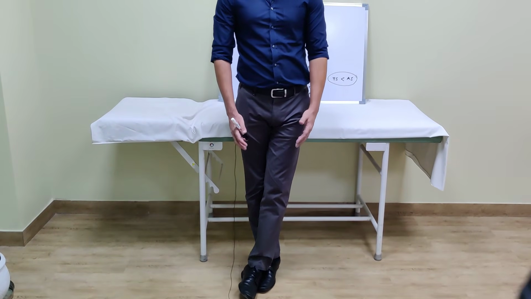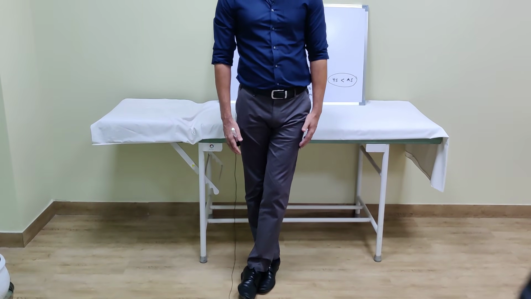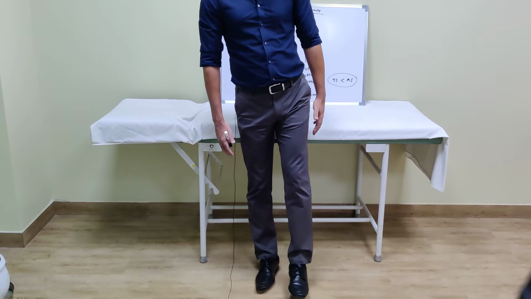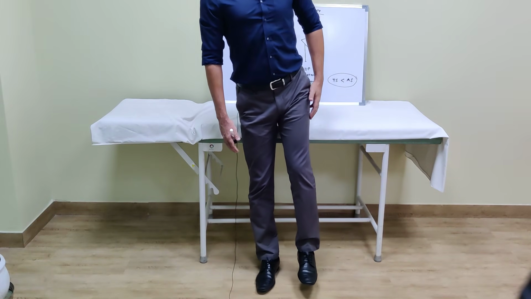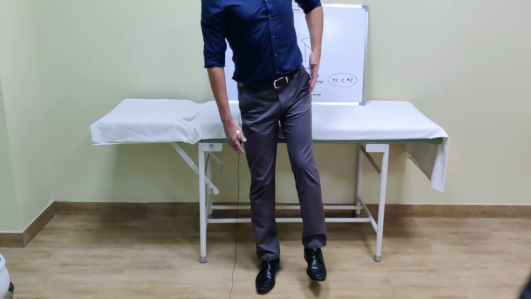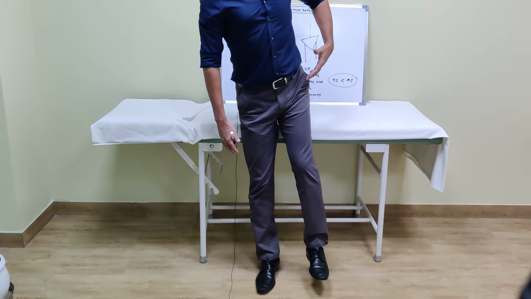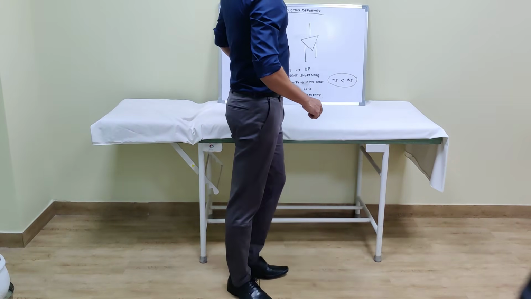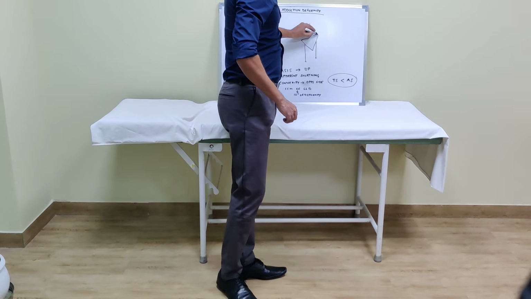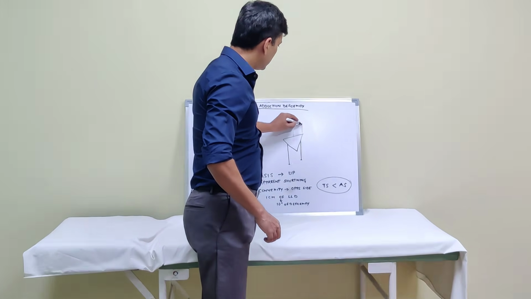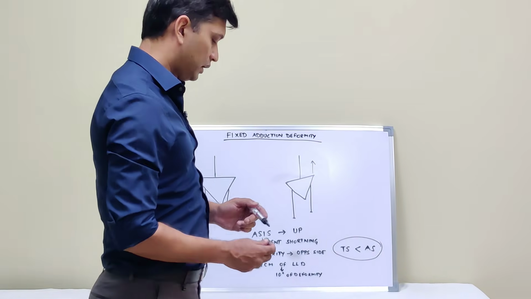In order to walk and mobilize, I will have to get this leg parallel, and if I have to get the leg parallel, what I will do is I will lift the ASIS towards the higher side, and this is what I have shown here. ASIS on this will be on the upper side.